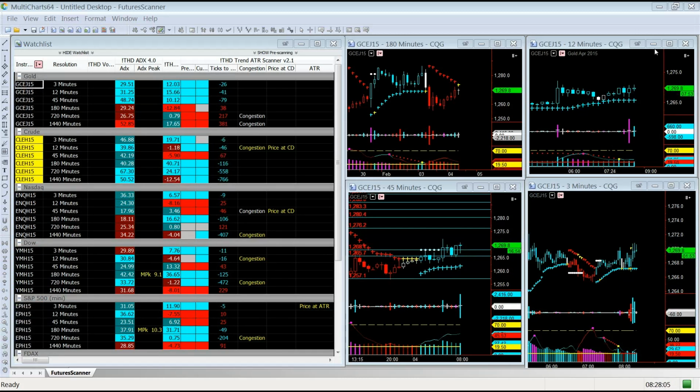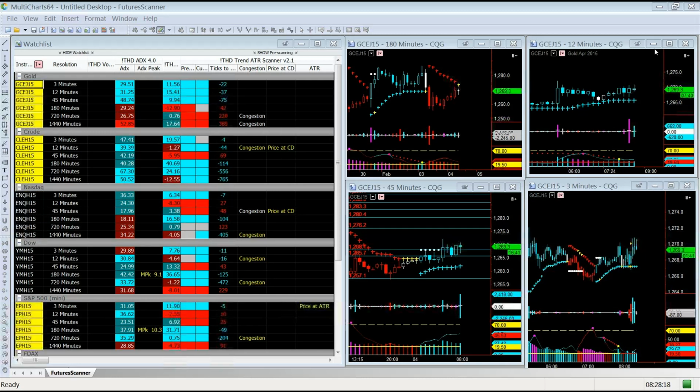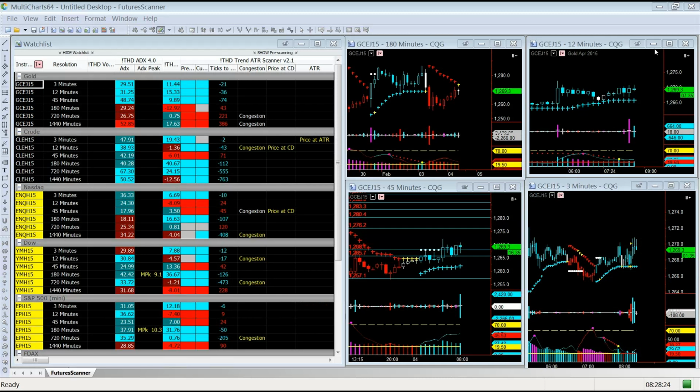I wouldn't have hesitated about taking a trade at the ATR on the 3 minute, Christian, because you still had about 70 or 80 ticks before you even get to the ATR. And again, I think you were better off probably doing a binary on that.